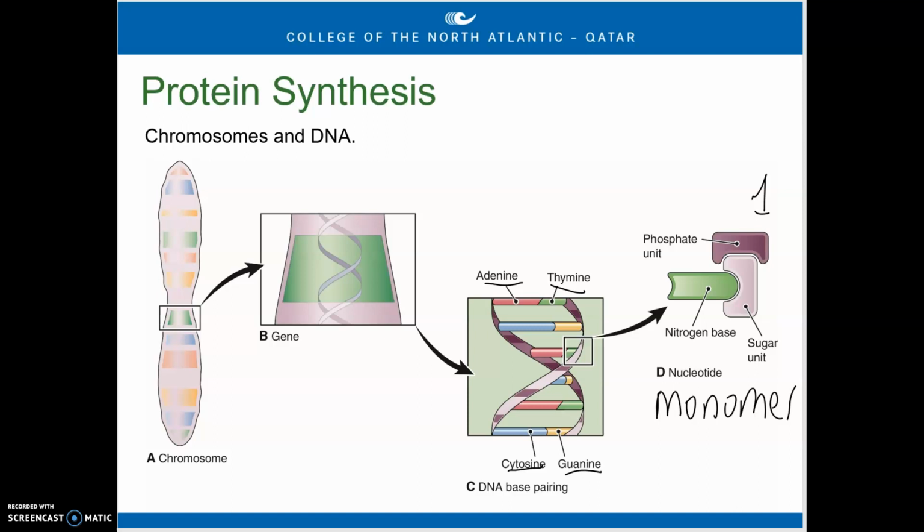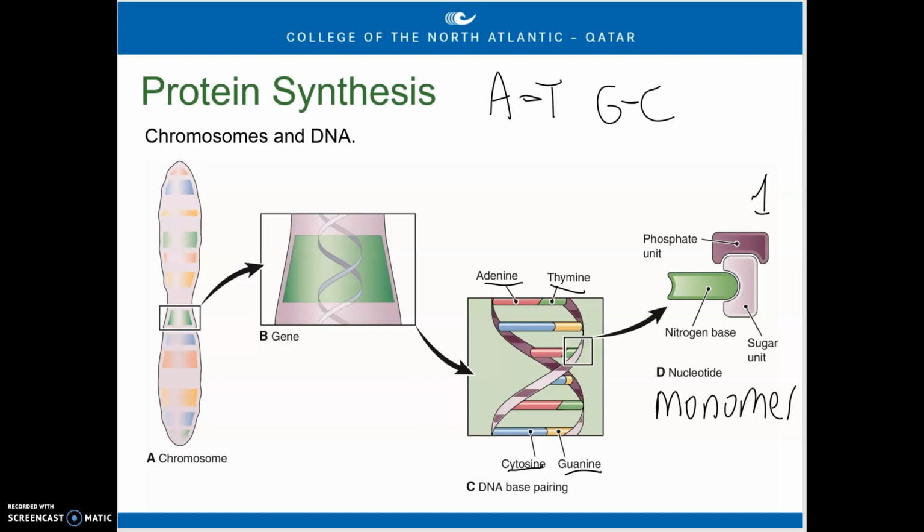So in DNA, you'll often see A, T, G, and C. Adenine and thymine pair together, and guanine and cytosine pair together. So these patterns of ATs and GCs, this is what makes you and gives you your unique structure.